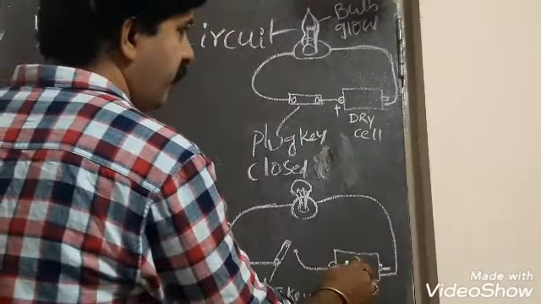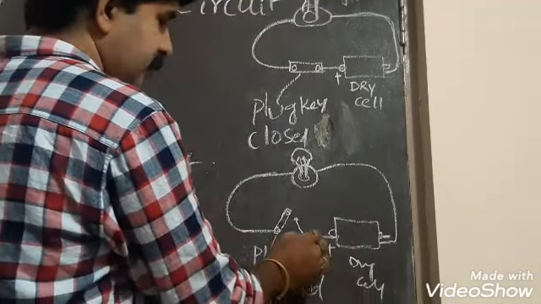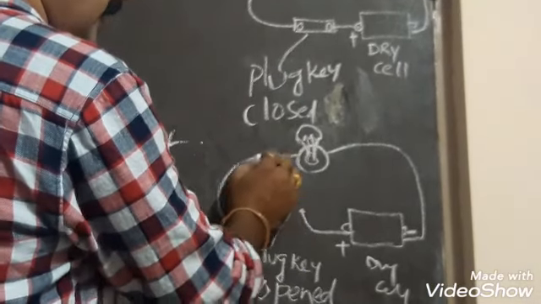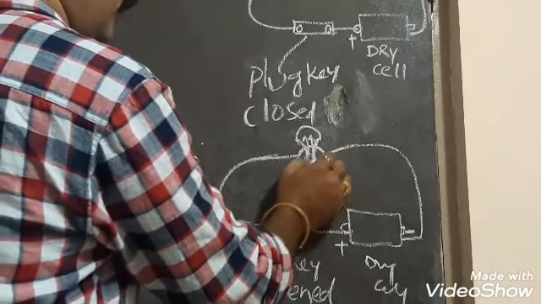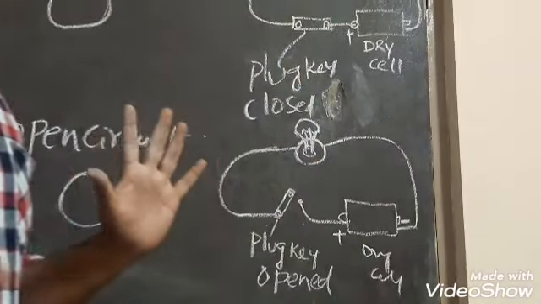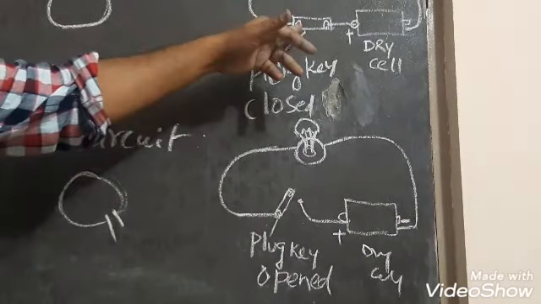This is a battery, dry cell. Current has been passed through this key, and this will give the bulb the current. This will pass the current to the bulb and the bulb will glow, as and when the key is in on position, like this.